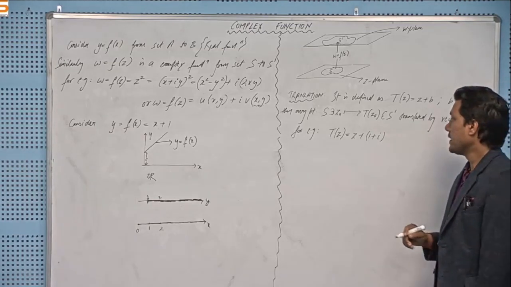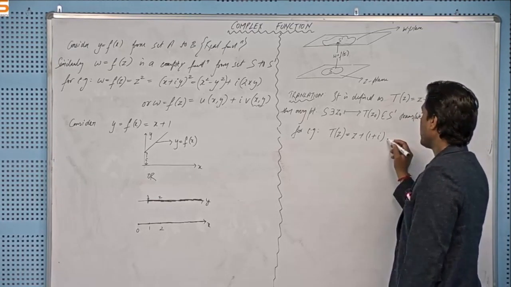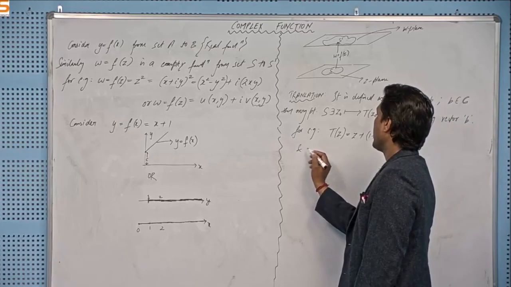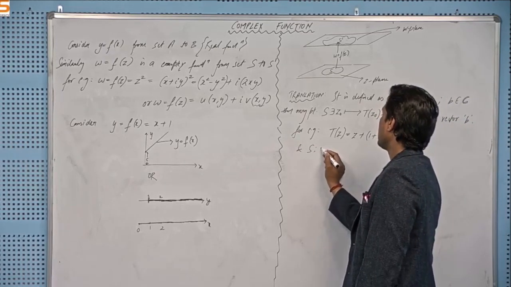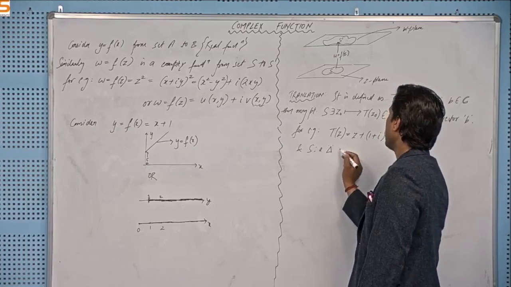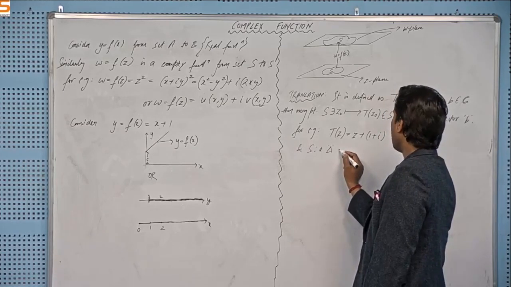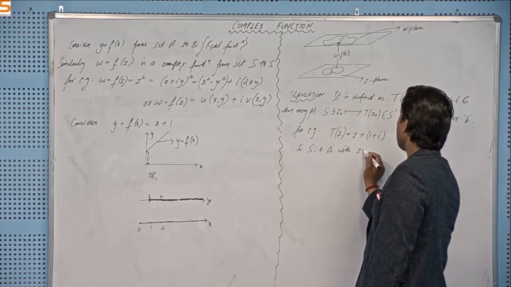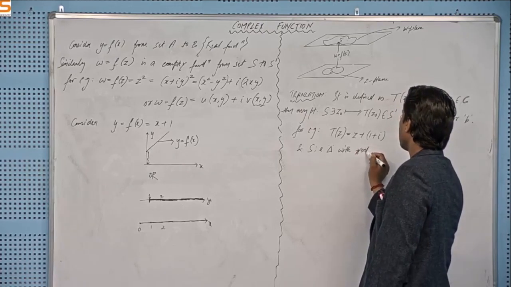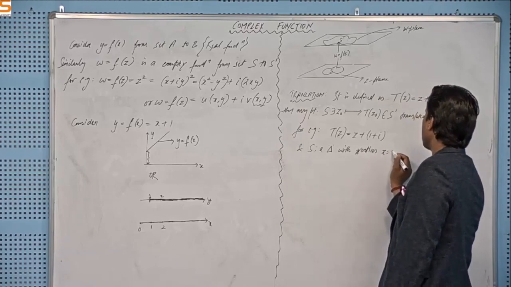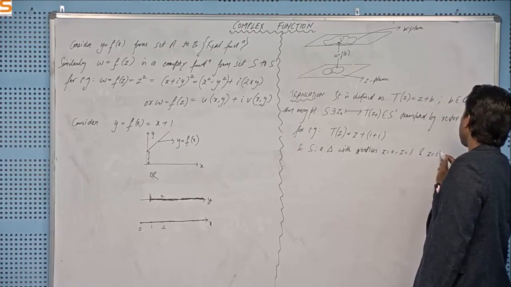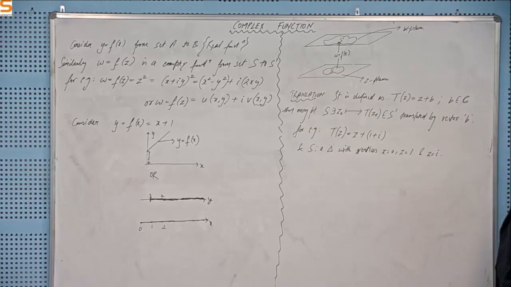Okay, and take S. S is a triangle with vertices z equal to 0, z equal to 1, and z equal to iota.